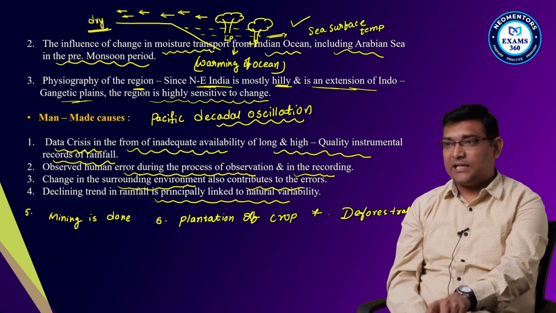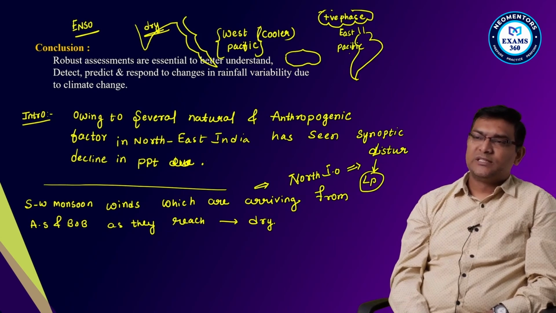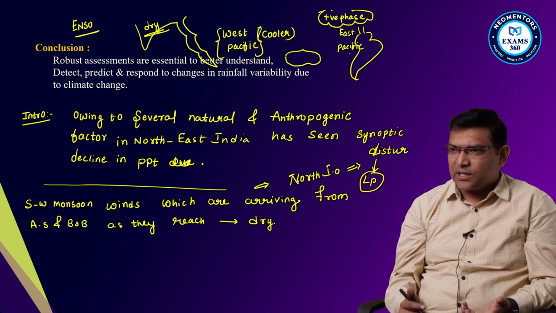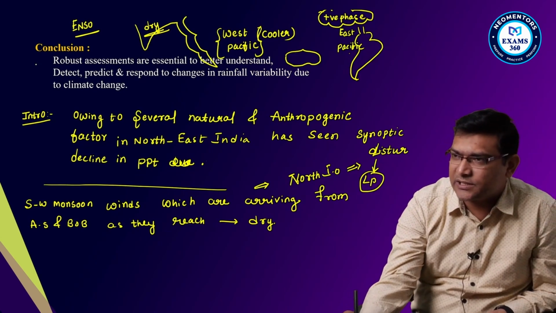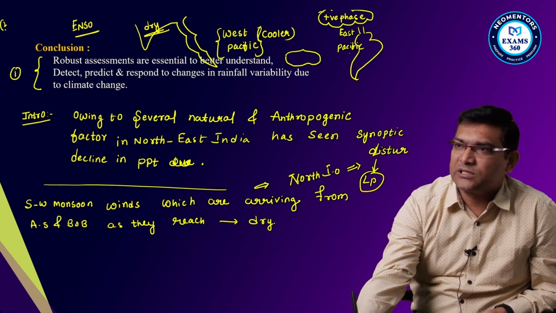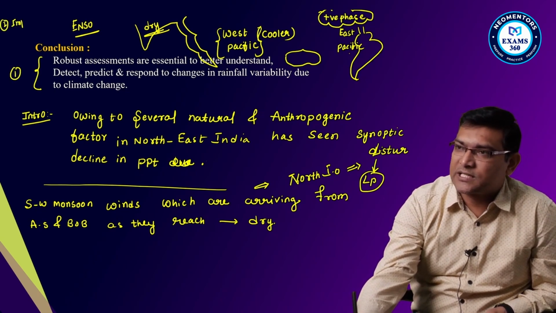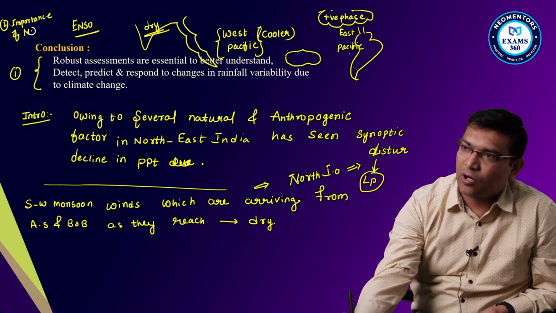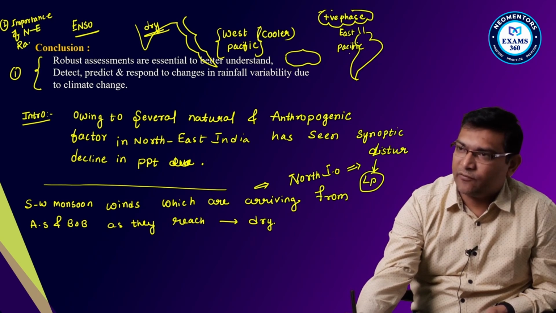Now let us see how to write the conclusion. You can conclude either like this, which is one way of conclusion. The other way of conclusion is writing the importance of northeast rainfall.